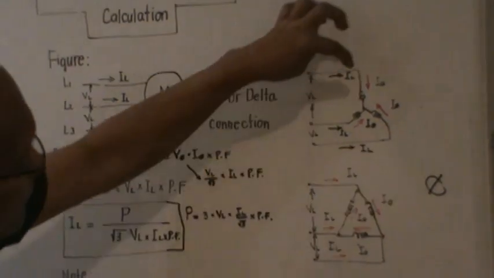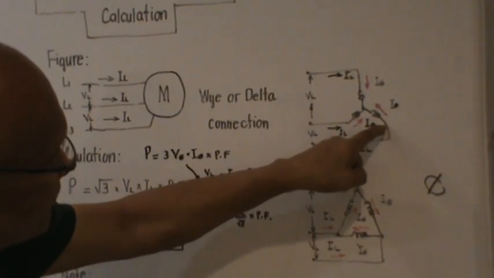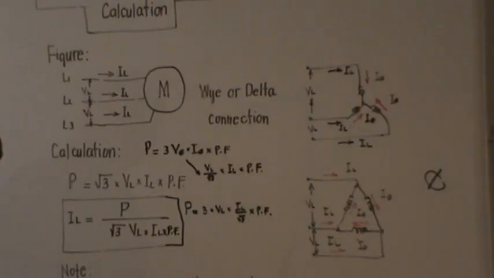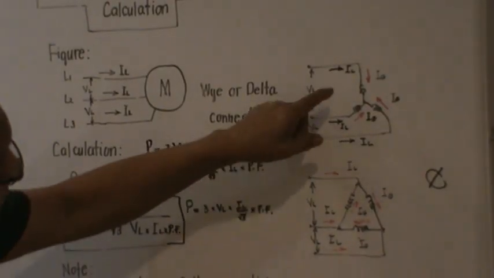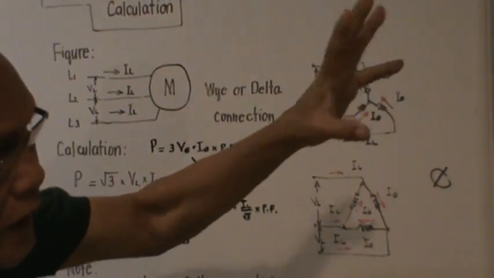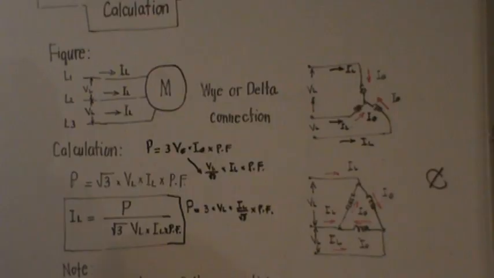So phase current number 1, phase current number 2, phase current number 3. By inspection, the line current and the phase current for a Y connection are the same.